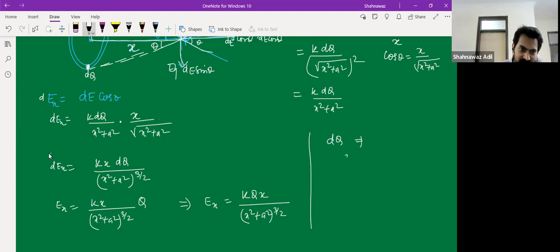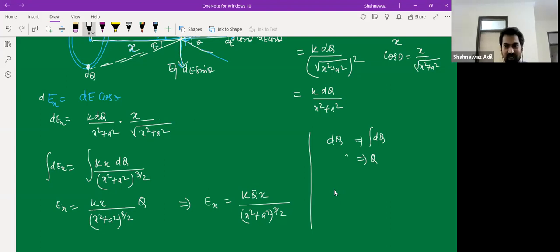Sorry that I didn't write the integral here. When you integrate this dq, we get q. Understood, Tarif? Yes, sir. Sorry, I just imagined the integral.